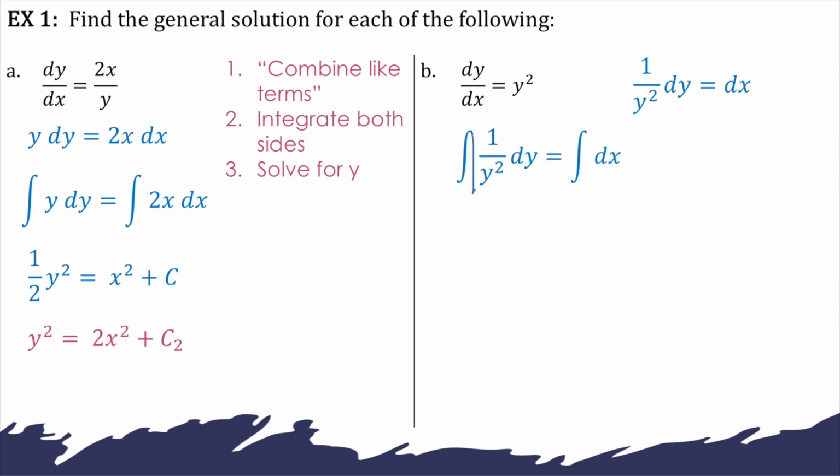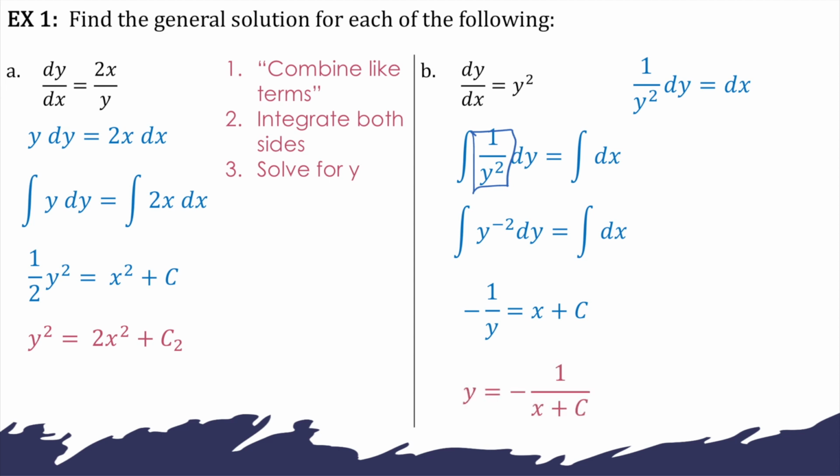In order to integrate 1 over y squared, though, I'm going to go ahead and rewrite that first as y to the negative 2. Now I can take the antiderivative of both sides, and I get negative 1 over y equals x plus c. And then finally, I'll solve for y. And I get y equals negative 1 over x plus c.